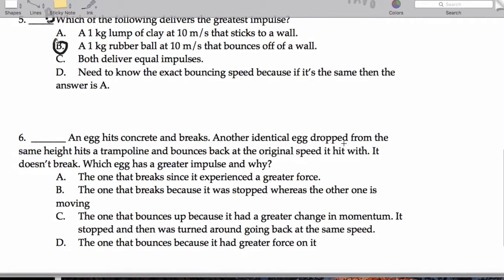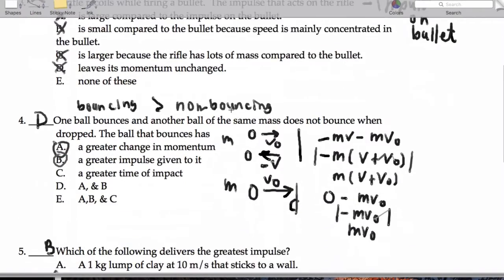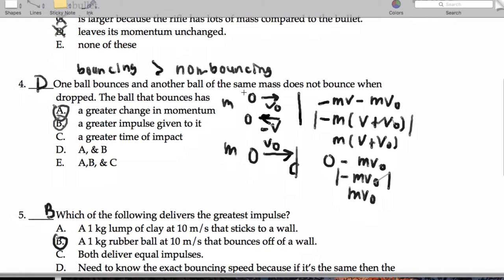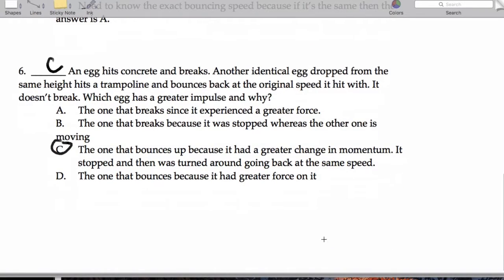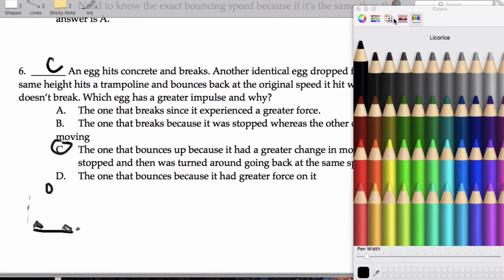Once again, even in a strange case like this, let's actually go with this truth. Bouncing is bigger than non-bouncing. So strangely, C is the correct answer, but let's talk about it in terms of intuition. So let's have one egg. It falls, it hits the concrete, and it breaks, right? So we have eggshell, and we have this kind of spilled yolk, gross, and we have egg all over the place.